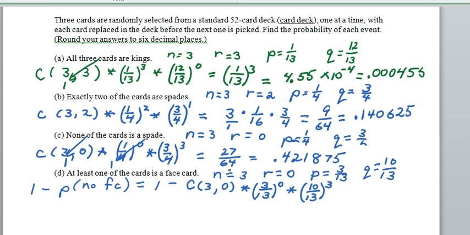The C(3,0) is just going to be 1, as is the 3/13 to the 0. So it's going to be 1 minus 10/13 cubed.